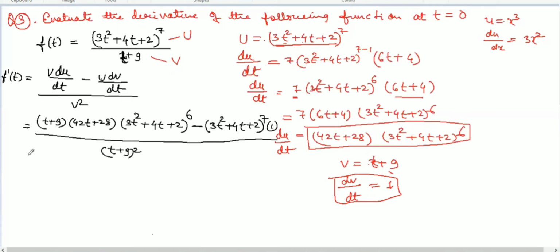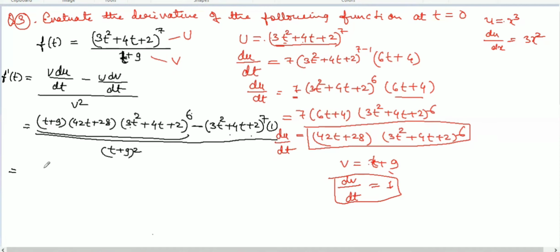Now let's go to the next step here. We can see this is the first term in the multiplication form. First this till here, 3t square plus 4t plus 2 to the power 6, and minus 3t square plus 4t plus 2 to the power 7.